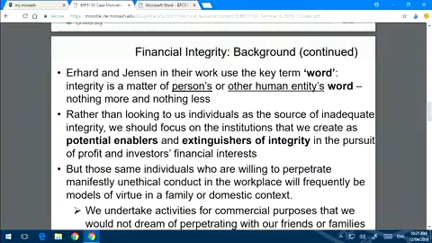And the second bullet point here is a good example. All these institutions are potential enablers in the pursuit of profit. What is the objective of the firm? The objective of the firm is to make profits. That is the capitalist system.